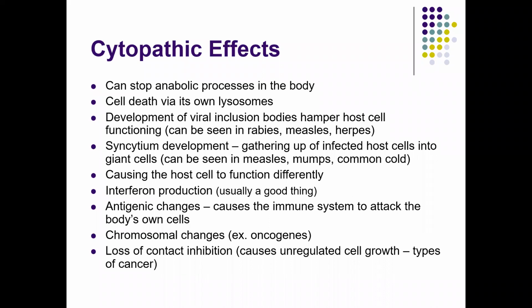Contact inhibition is basically when two cells touch each other, right? So you have two different cells. It could be skin, it could be muscle, it could be nerve, whatever. They touch each other and they're like, oh, another me. There's another cell right there next to me. That triggers a response in the cell so that they do not do mitosis. We call that contact inhibition.